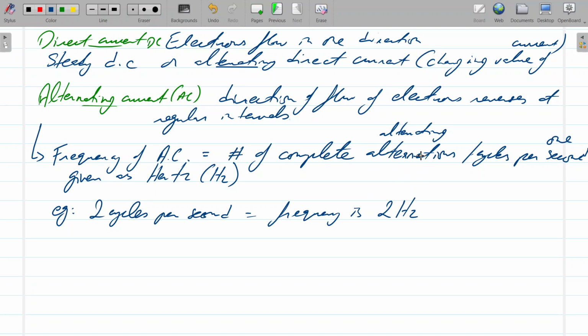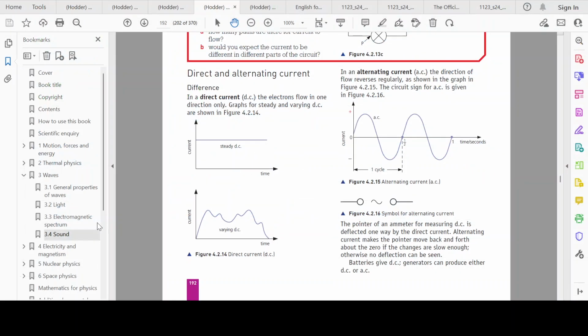Okay? Yes. I'll just show you the graph as the illustration for this in the text. So here we have the illustration.